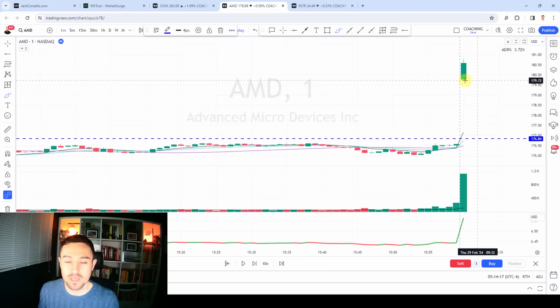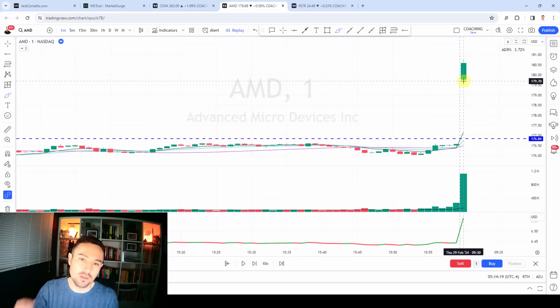Think about this. It's a ridiculously good setup, and you are looking for other traders, other market participants, to see what you see and then start buying it. If you are the last person buying, you're probably going to get stopped out shortly afterwards. Other traders and market participants, assuming you're going long, have to be willing to pay a higher price than what you paid. Think about that.